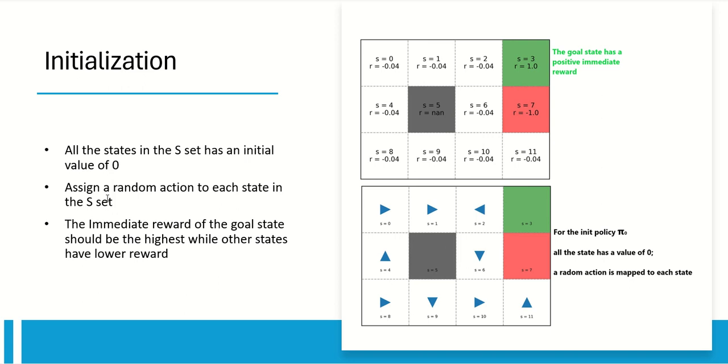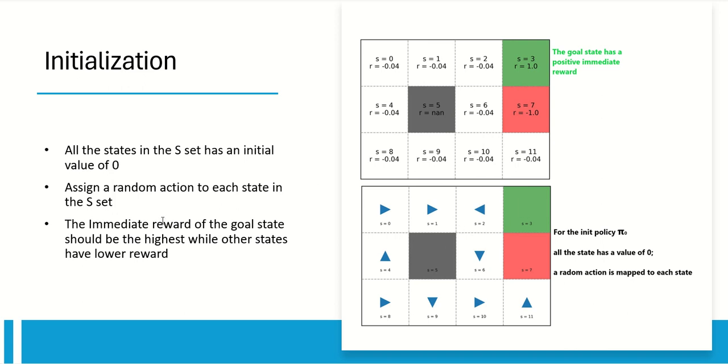And we assign a random action to each state, which means we give it a random policy first. For example, if we see this state, the left action is definitely not the best action for this state. The best action is definitely right, but since it is random, it is reasonable.